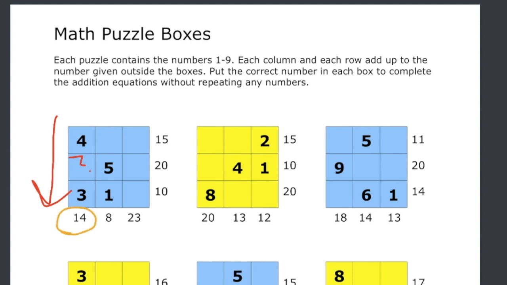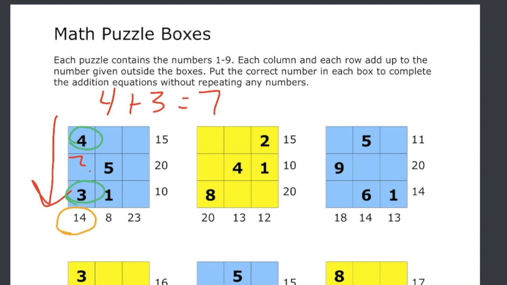All right, here we go. We know already that 4 plus 3 is equal to 7. You say, Miss Norris, where did you get 4 plus 3? Right here and right here, 4 and 3. Because it's telling us that it's adding to the number 14, I need to add 4 and 3 to find the missing number.